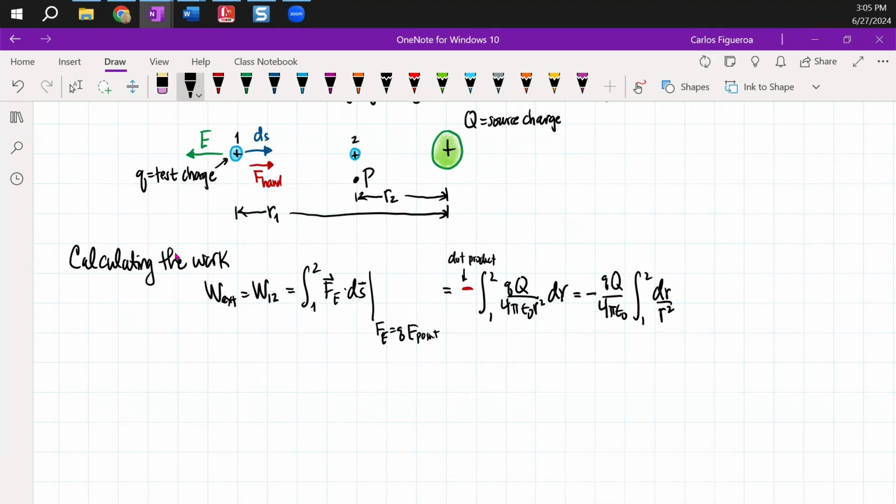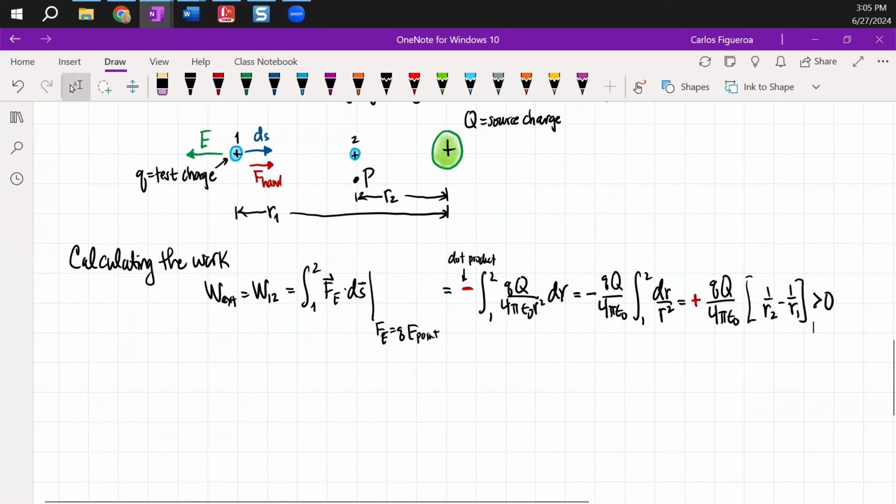And so when I compute this, I'm going to get a minus sign from the integral, and in the end, 2 minuses gives me a plus, so then I get a result that looks like this. And this is 1 over R2 minus 1 over R1, and that has to be positive.